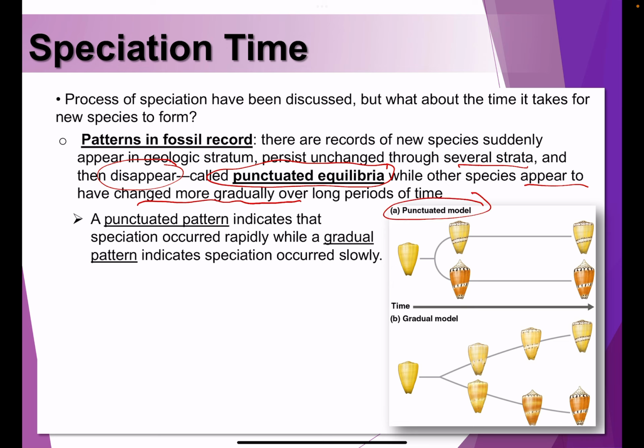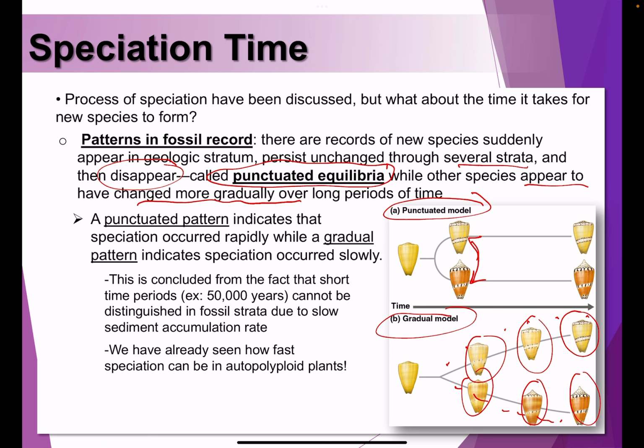So here's a punctuated model. There was a very quick change in the species, and it leads to one species disappearing. Whereas in a gradual model, they gradually change in shape or in a certain way, and we can see these gradual change stages within the fossils themselves.